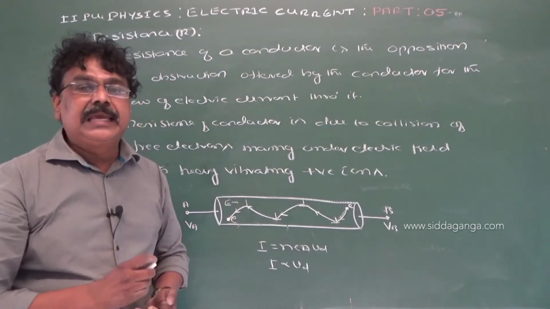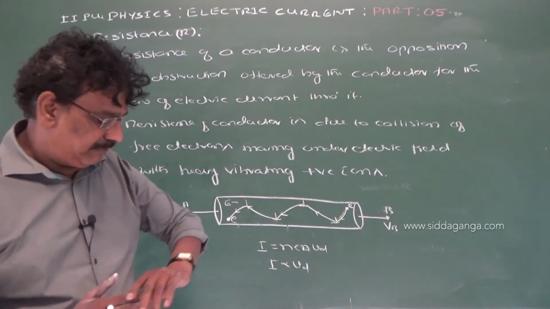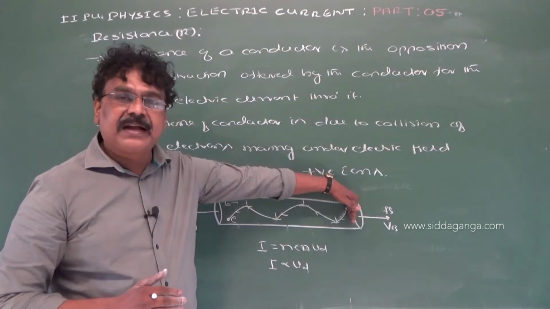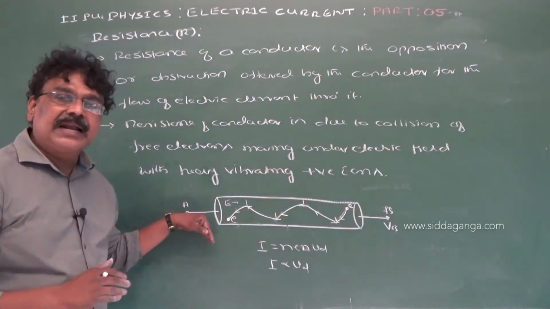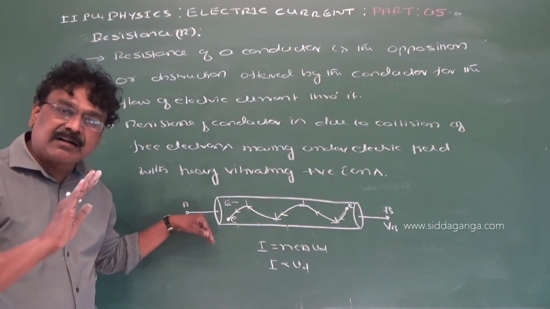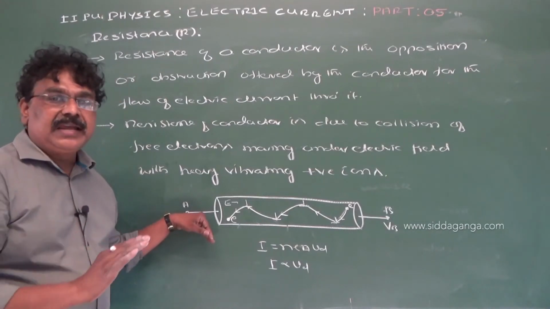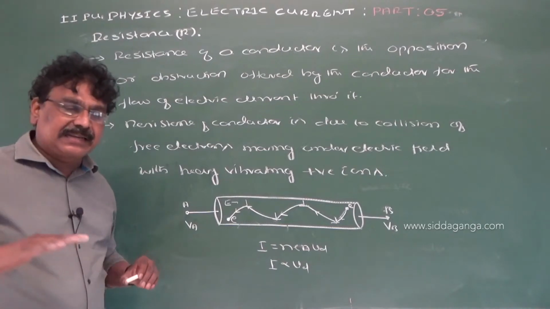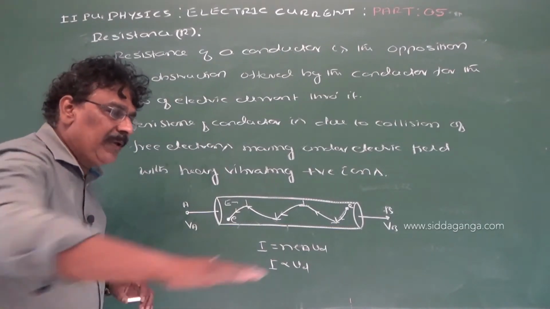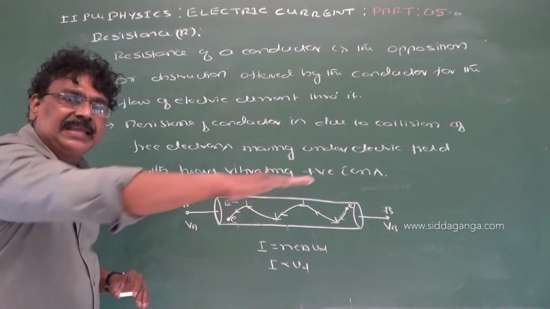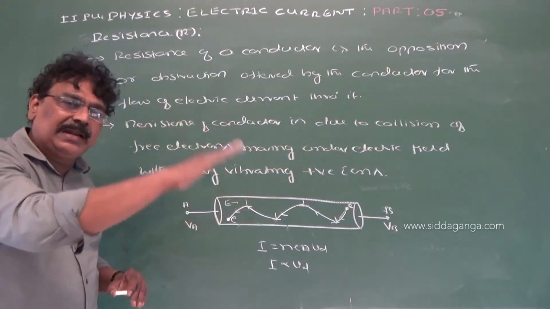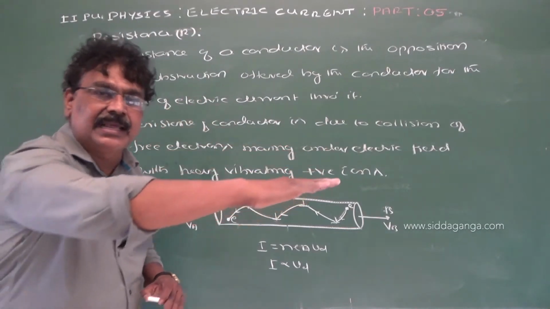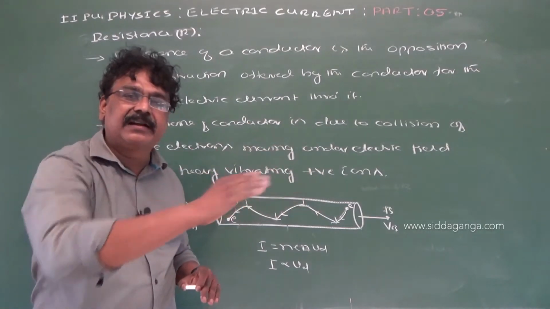Moreover, the path of a free electron from one end of the conductor to the other end is not a straight line path. It is in fact a zigzag path, just like moving a vehicle on a continuous hump. Automatically when we are moving on a continuous hump, the speed of the vehicle decreases.